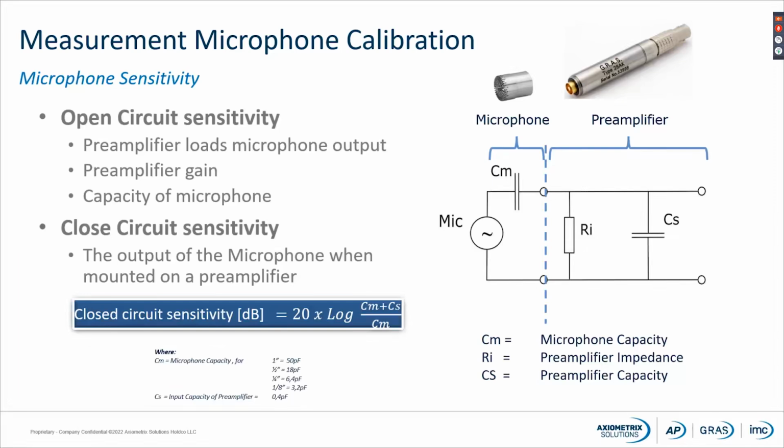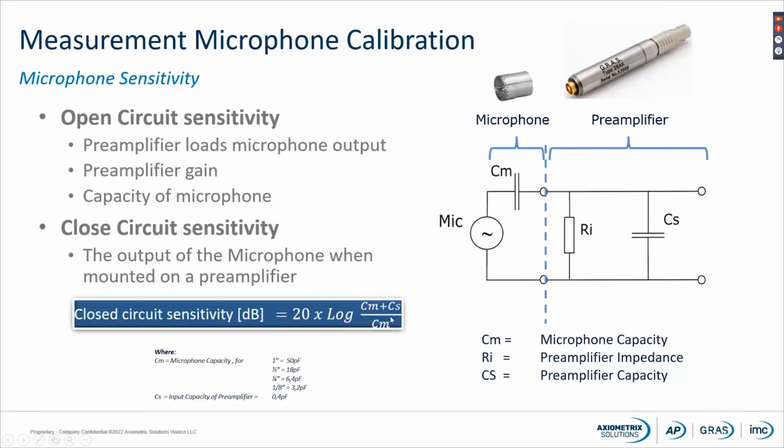The closed circuit sensitivity we can calculate, because if we look at the diagram we have here, Cm is the capacitance of the microphone, while Cs is the input capacitance of our preamplifier, and there will be a voltage division between the microphone capsule itself and the capacitance in the preamplifier.